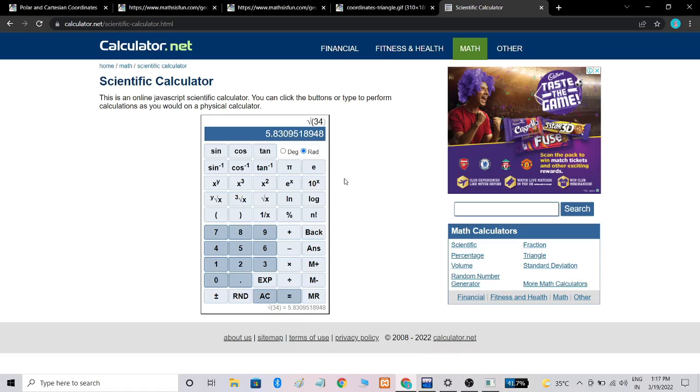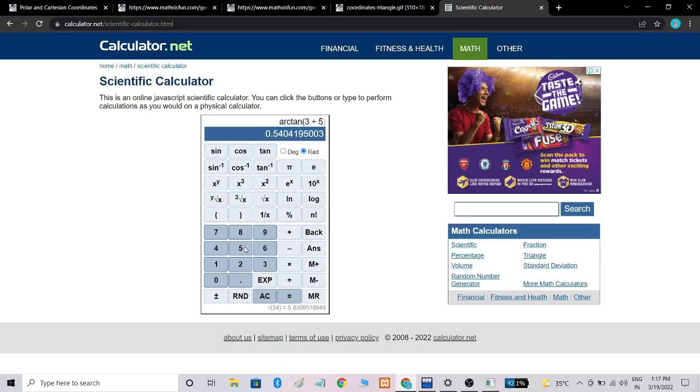Okay, now r we have got, 5.83. Now we want to calculate the theta. Let's clear it. Theta is tan inverse of y by x. So what is our y? 3. And what is our x? 5. So tan inverse of 3 divided by 5 is 0.54.